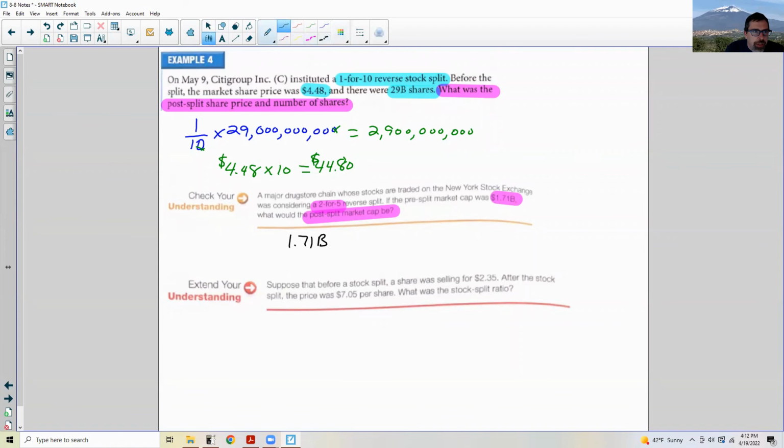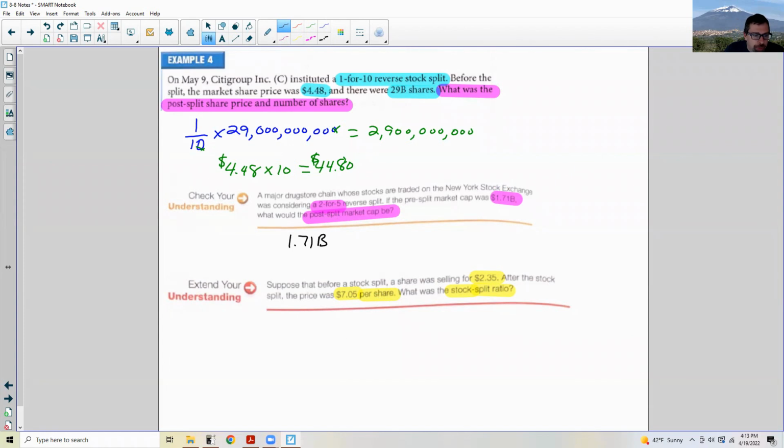Okay, and to further your understanding, let me go back to my highlighter here. Suppose that before a stock split, a share was selling for $2.35. After the stock split, the price was $7.05 per share. What was the stock split ratio? Okay, so I could set that out algebraically. So the stock split ratio times the pre-split share price equals the post-split share price.